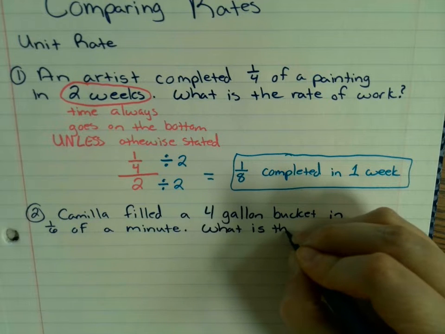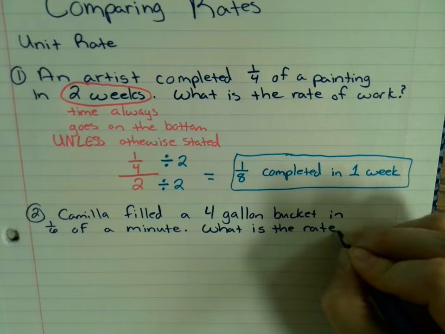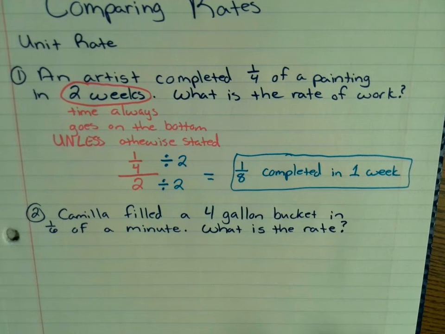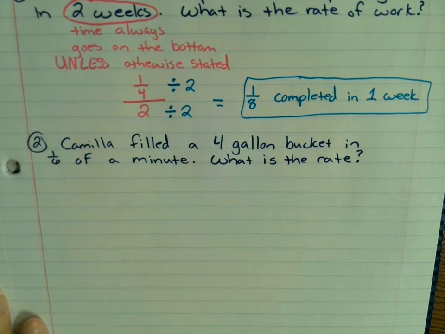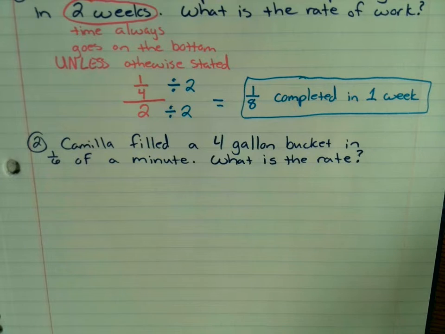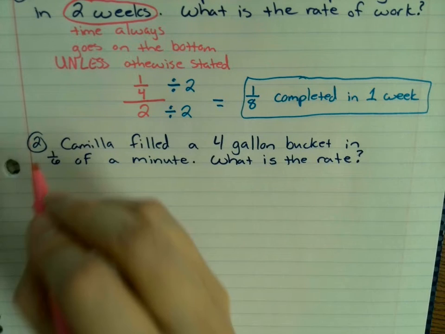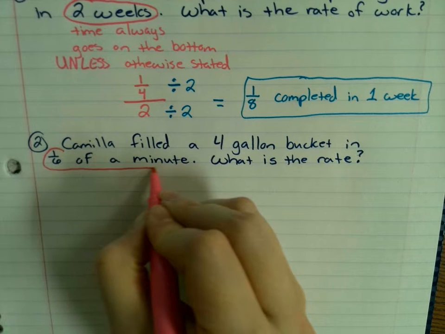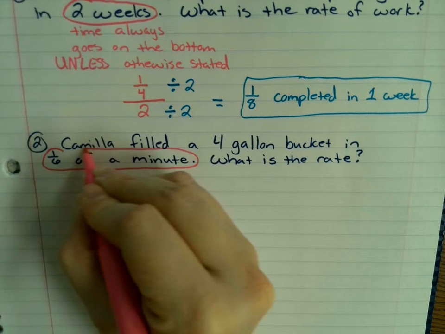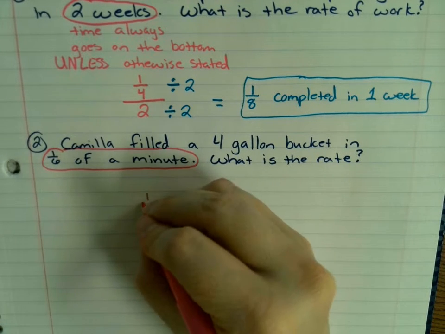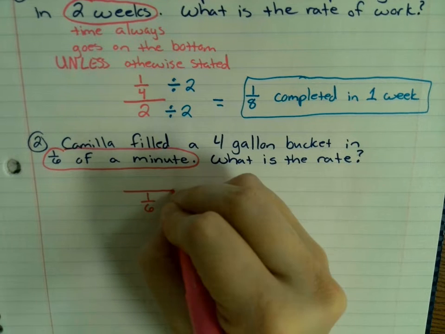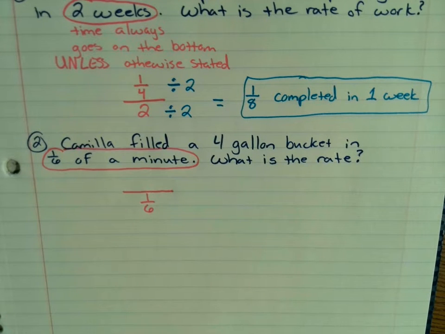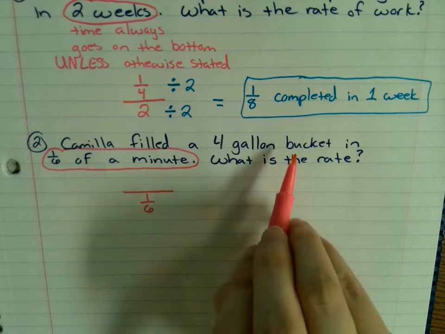How fast is she filling up that bucket? Again, where will time go unless it's stated otherwise? The bottom. Time will go on the bottom unless otherwise stated. So 1/6 of the minute is going to go on the denominator. My 4 gallons is going to go in my numerator.